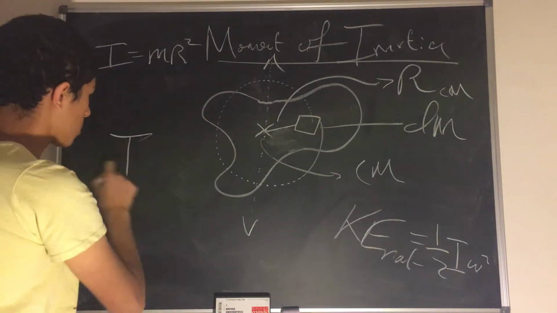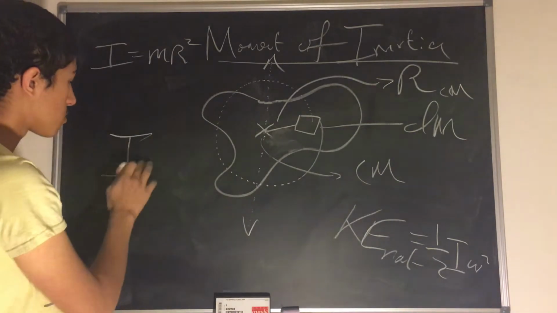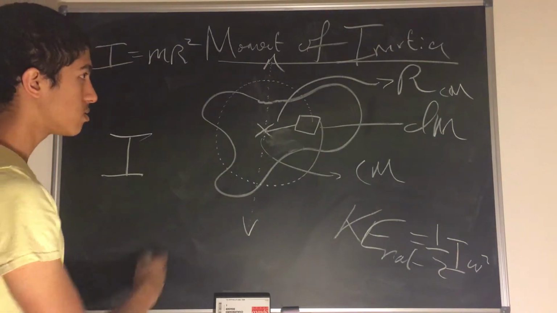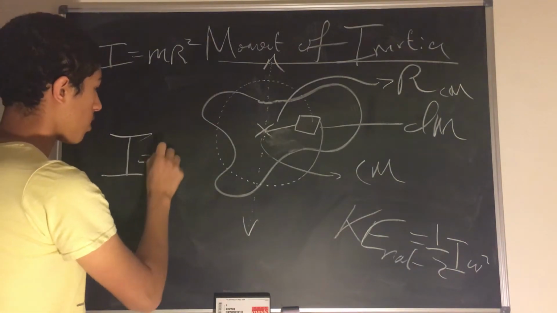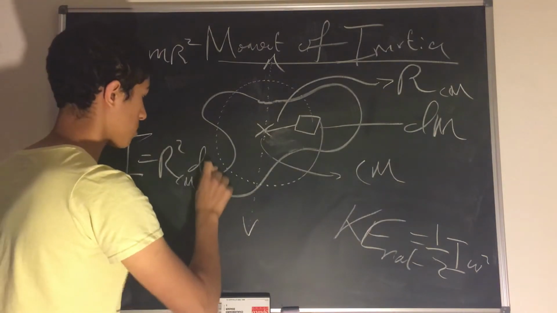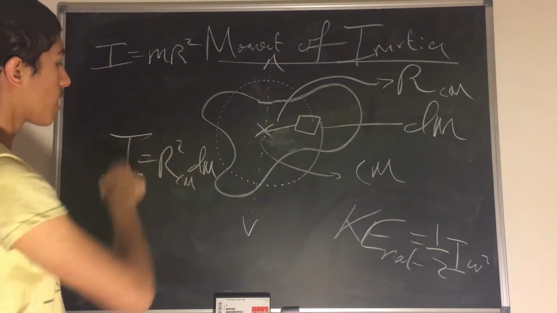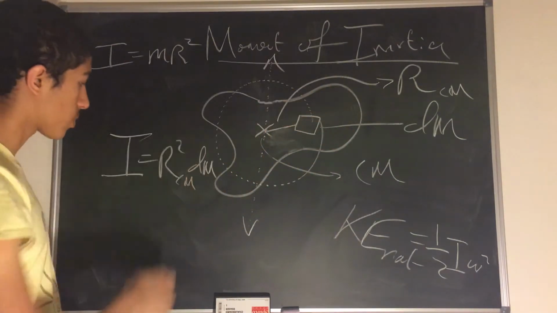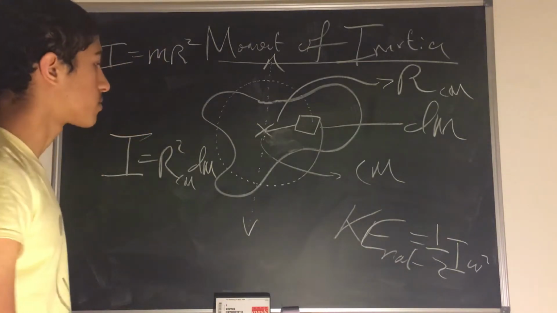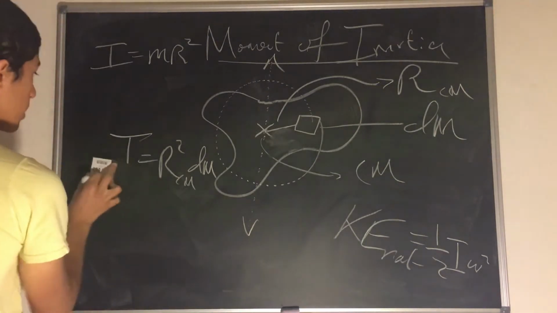So the moment of inertia I is equal to mr squared. So the moment of inertia I for this tiny section dm is equal to r_CM squared times dm. I just substituted in dm for m and r_CM for r. So now we have some notion of infinitesimal moment of inertia. We should actually write this as dI.